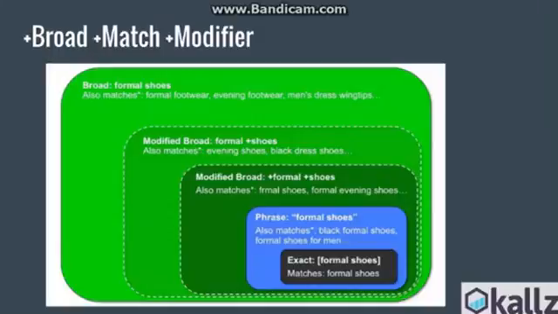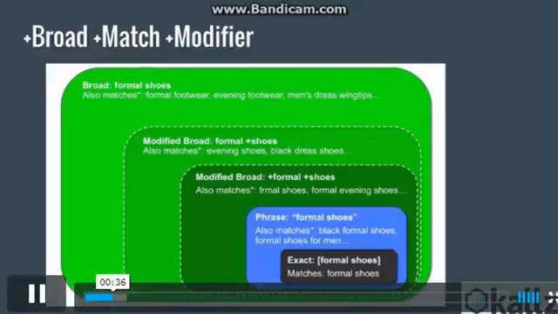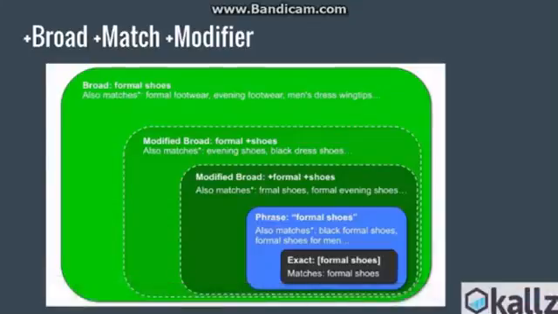Now, broad match modifier is where things tighten up a little bit, and all you have to do is put a plus in front of each word, and we'll cover how to do that in a little bit. But I want you to get the concept of why this tightens up. So in the example of the formal shoes, you can see as long as the word shoes has the plus in front of it, nothing will show up unless the word shoes is there. So you can see evening shoes, black dress shoes.